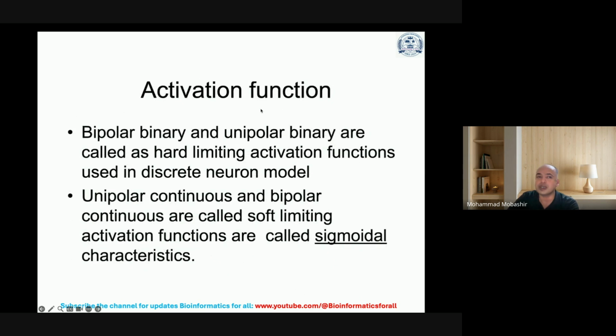Now what is an activation function? Bipolar binary and unipolar binary are called hard limiting activation functions, used in the discrete neuron model. Unipolar continuous and bipolar continuous are called soft limiting activation functions, with sigmoidal characteristics. So this is what you need to remember: sigmoidal characteristics.